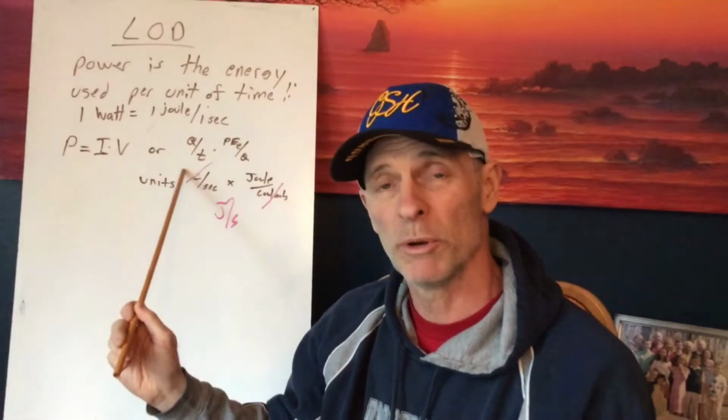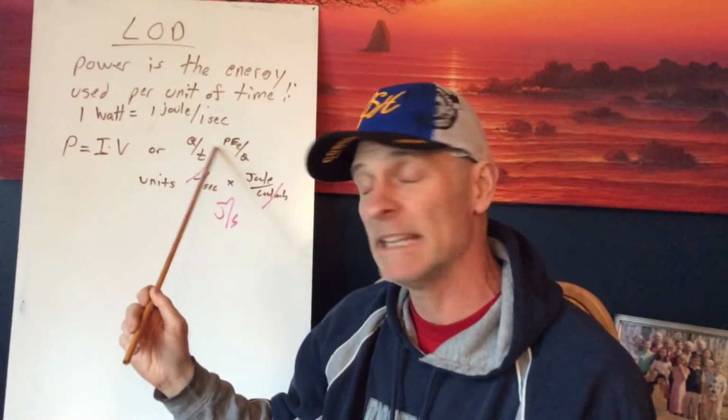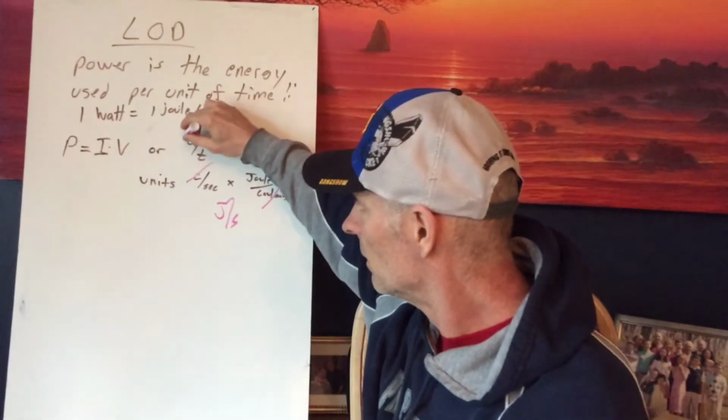Or Q per T divided by PE per Q. Again, Q's cancel. And you're left with potential energy per unit of time. Just because that potential energy is electrical and not mechanical, it makes no difference. It's still power. Now let me show you the setup that I had going into the video that follows this video.